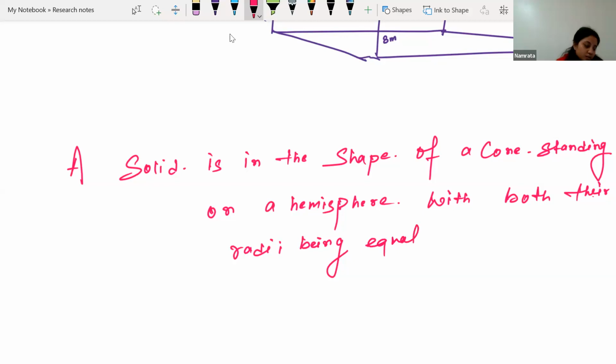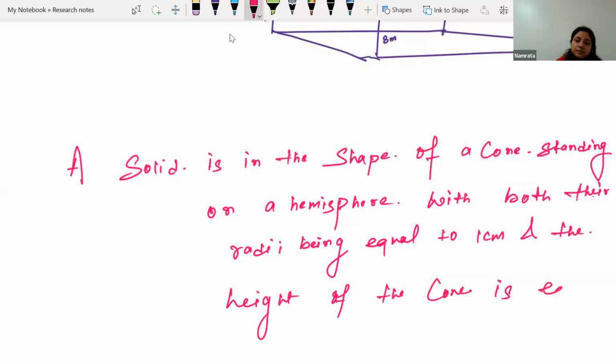radii equal to 1 centimeter, and the height of the cone is equal to its radius.